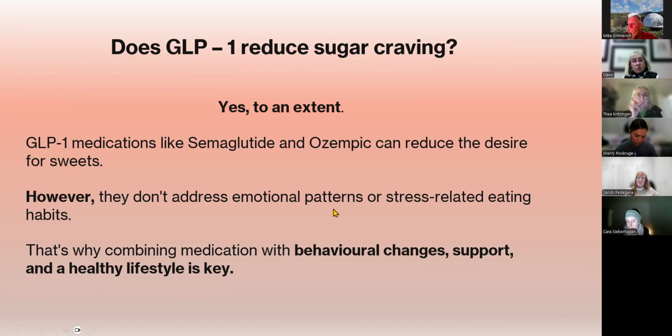Which is why I'm saying that in the last bullet there on this little slide, it's a combining medication which needs to be done through lifestyle changes.